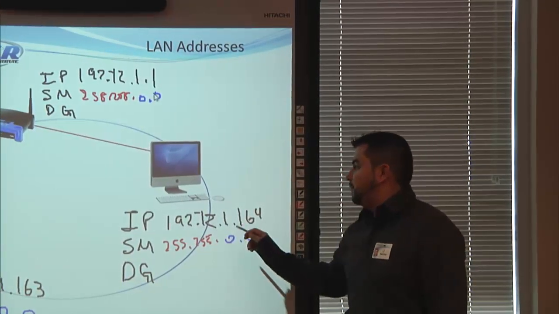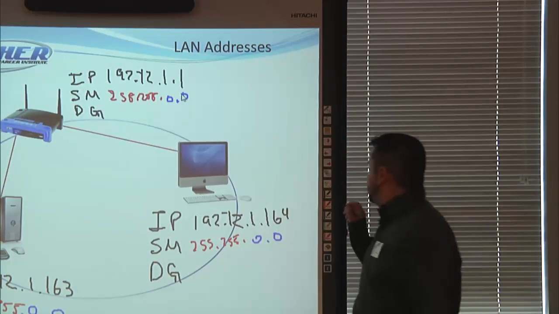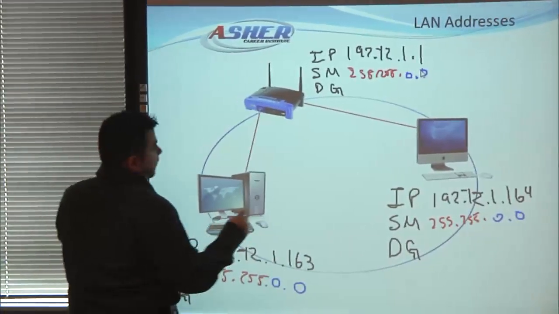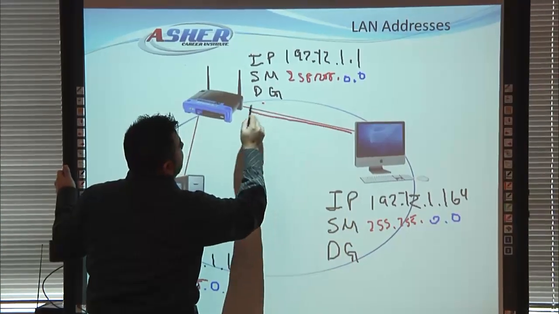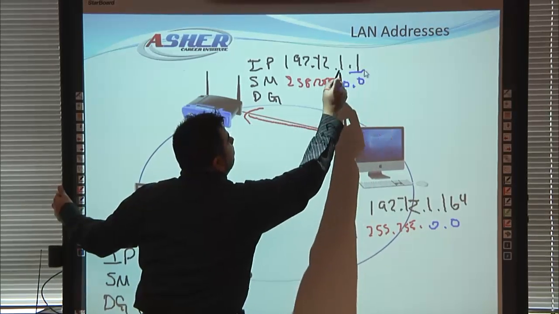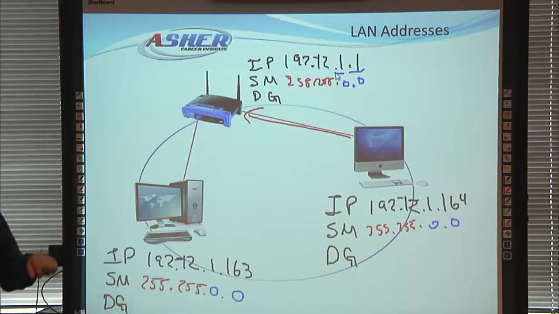So what's my default gateway for this guy? The router. In local area networks like this, your router will always be your default gateway. Whatever his IP address is, which is .1.1, that is who he is. He will be your default gateway.